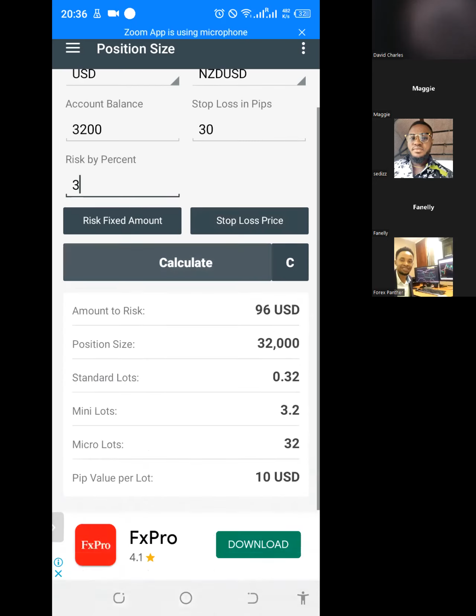Then I'll just simply click there and calculate. So I know that if I go in, if I risk 3% of 3,200, it means that I'm going to lose. Amount to risk will be how much? Will be 96 USD. You can see it, right?